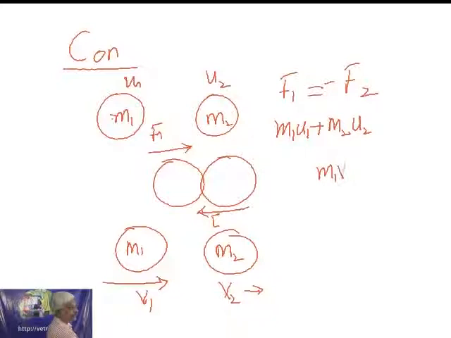Mass into velocity of the first particle plus mass into velocity of the second particle: m1 v1 plus m2 v2. That is the thing you have to understand. So kindly observe this: m1 u1 plus m2 u2 is always equal to m1 v1 plus m2 v2. This is called conservation of momentum.